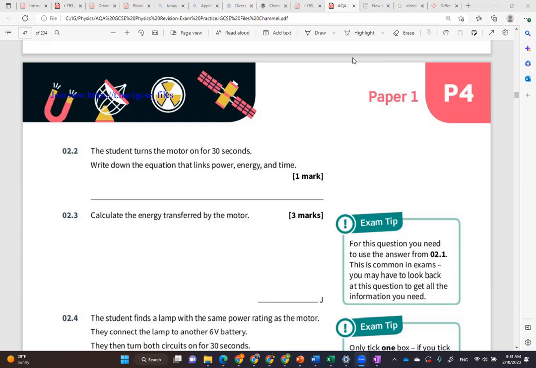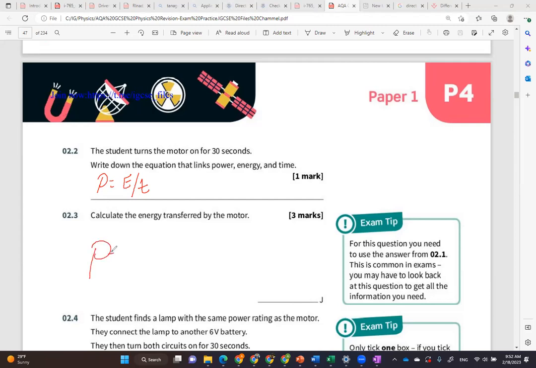Power equals energy over time. This is the equation.